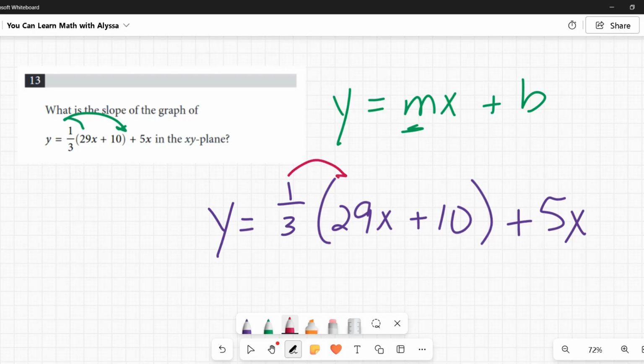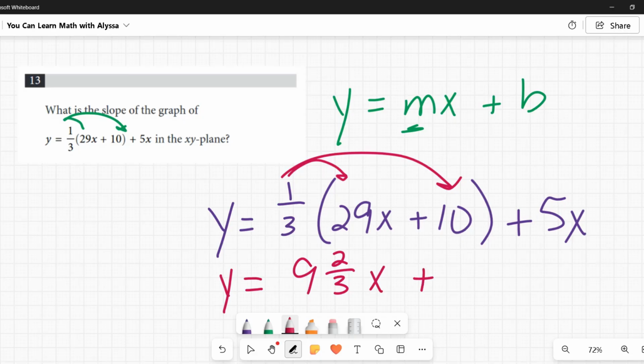So here I'm going to distribute 1/3 times 29x. So 1/3 of 29x is 9 2/3 x. And then 1/3 times 10. This really doesn't matter, but it's 3 1/3. It really doesn't matter because the b here doesn't matter, only the m matters, but I'm being accurate here.